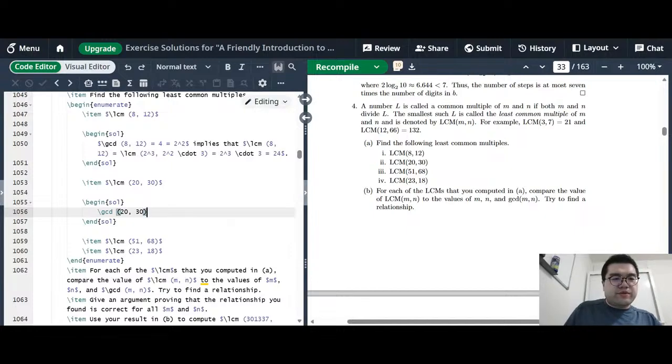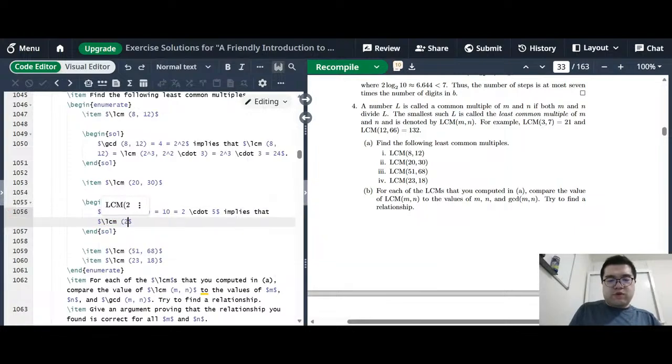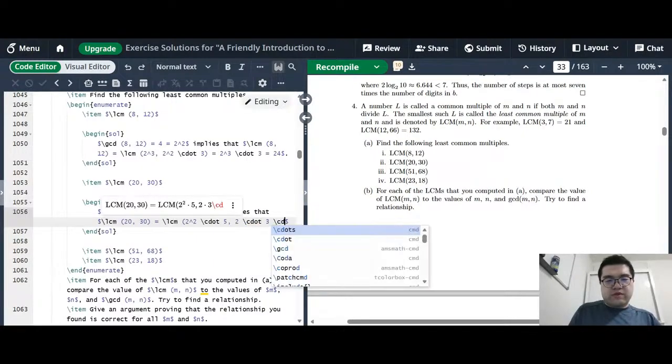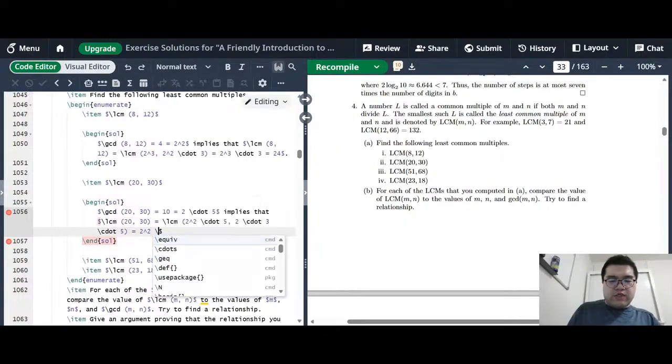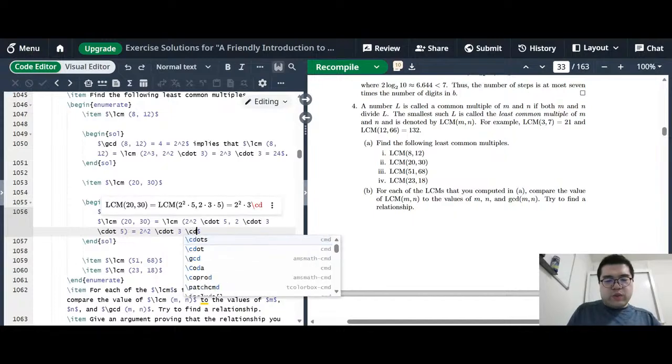GCD of this is clearly 10, which is 2 times 5, implying that the LCM of 20 and 30, which is again equal to the LCM of 2 squared times 5 and 2 times 3 times 5, is going to be equal to, we see 2 copies of 2, and then one copy of 3, and then one copy of 5.